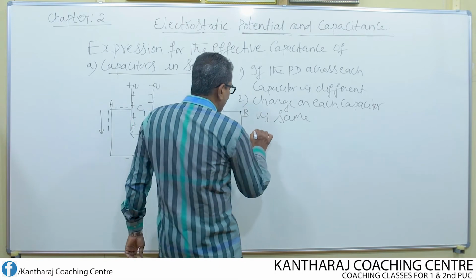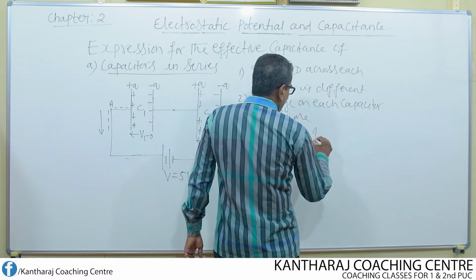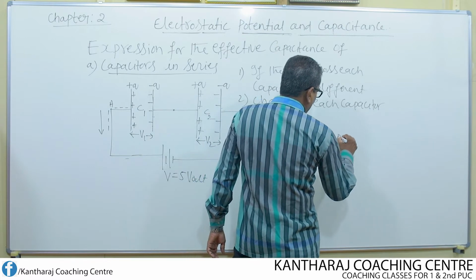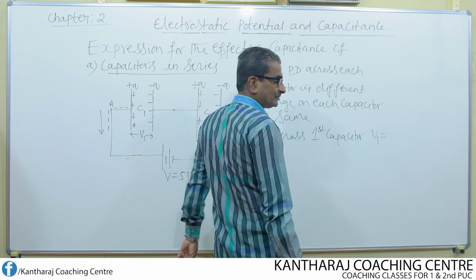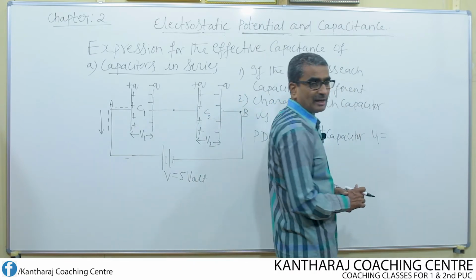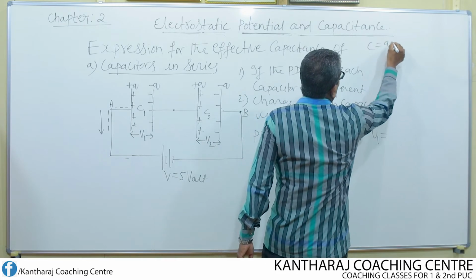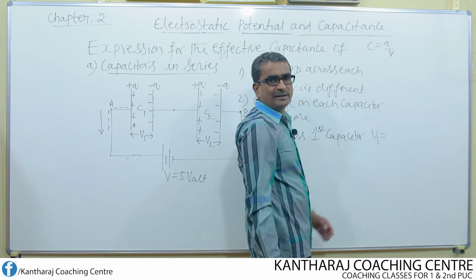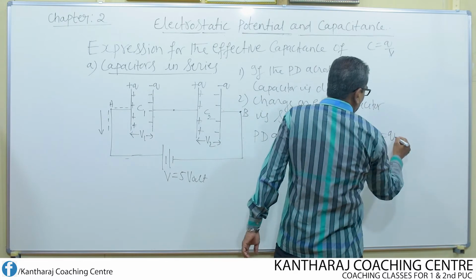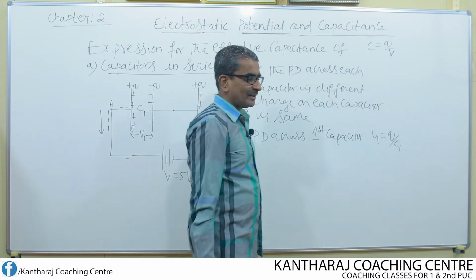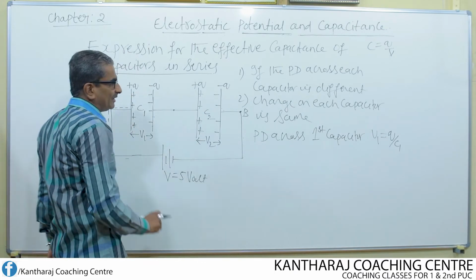So I write like this: potential difference across the first capacitor is given by V1 equal to, what's the formula? We know the basic formula, C equal to Q by V. If you cross multiply this, what do we get? V equal to Q by C. So Q divided by C1. Across this, V1 is the potential difference, which is given by Q divided by C1.